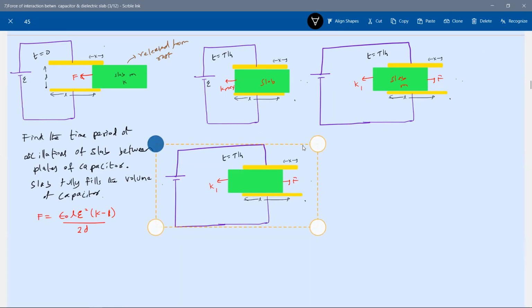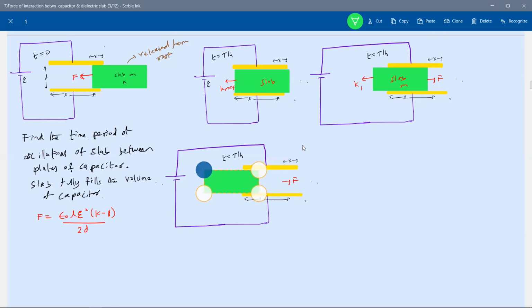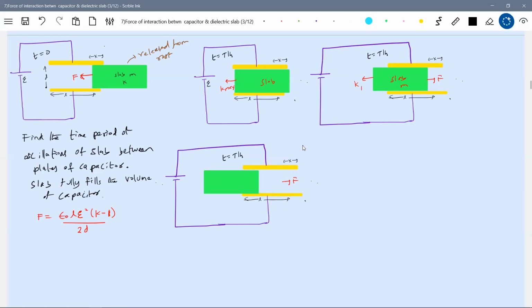My job is very easy, I just paste the copy. Next part: where will it come to rest? What length of the slab will be there between the plates? Anybody wants to answer? I want an answer from anybody.